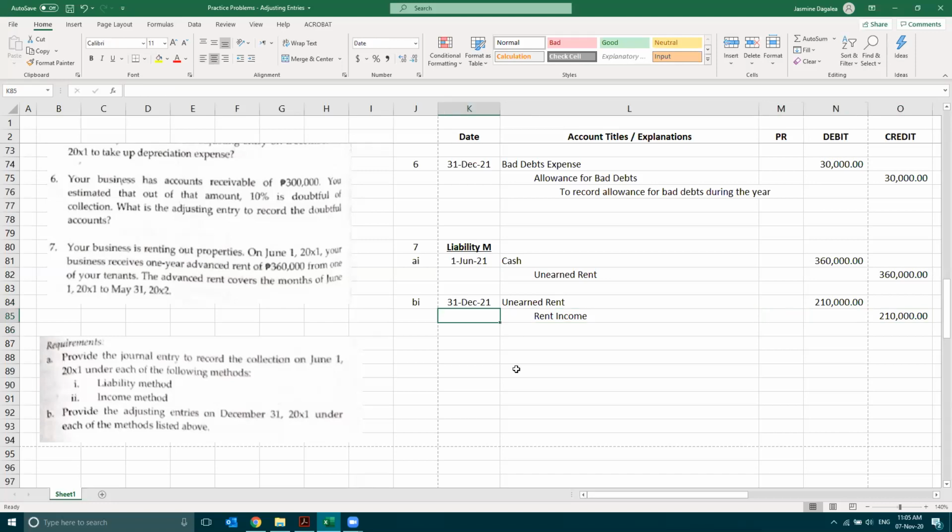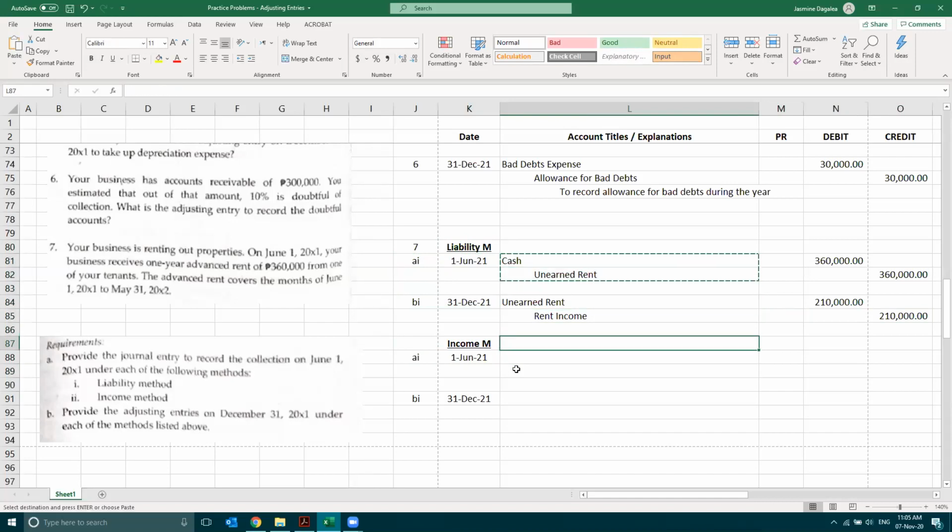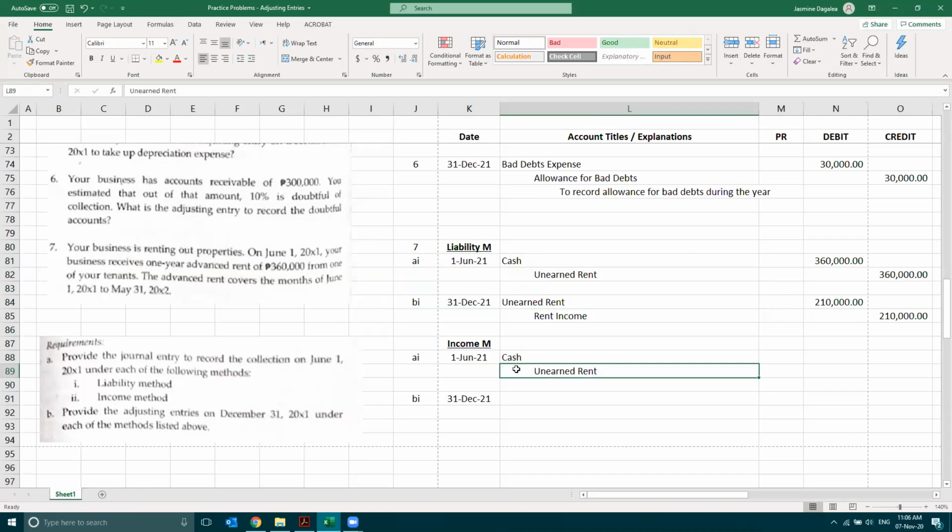Yan. Under income method, ano yung entry nyo? Debit cash. So, wag niyong kalimutan, di ba ang normal balance ng liability and income account is credit. So, if you will increase those accounts, you credit it. So, credit rent income.